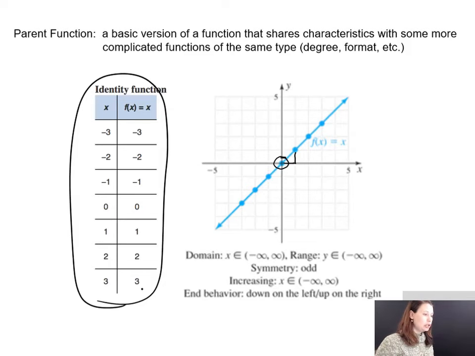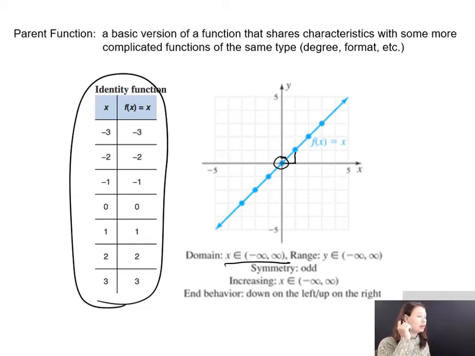Now, just a few things about the identity function. It has a domain of everything, meaning, what can we plug into y equals x? Every x is valid there. We can plug in negatives, we can plug in 0, we can plug in positives. There's nothing that doesn't work. Then when we plug in those things, what do we get?